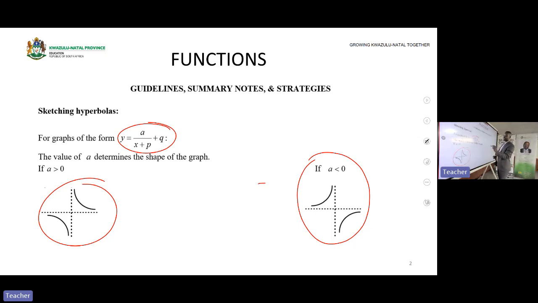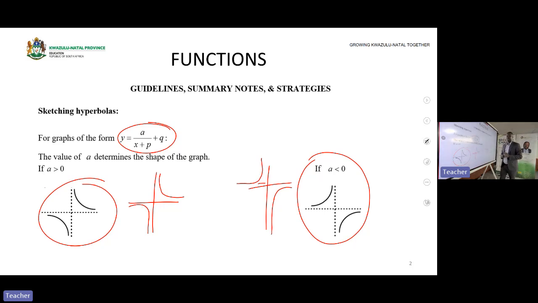When the value of a is positive, then your graph will be located in the first as well as the third quadrant. And when the value of a is negative, then the graph will be in the second quadrant as well as in the fourth quadrant.